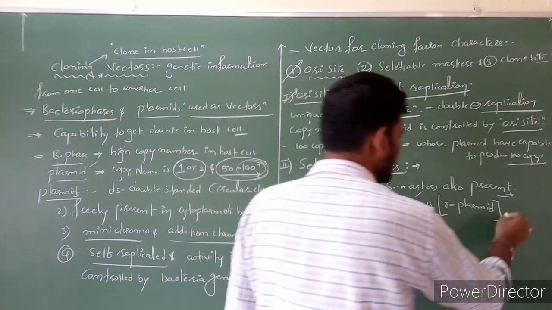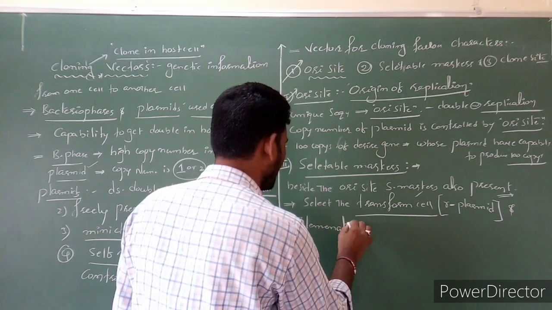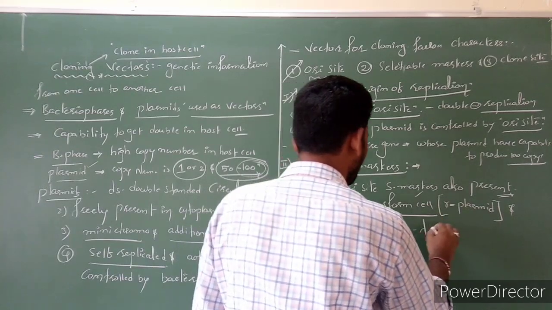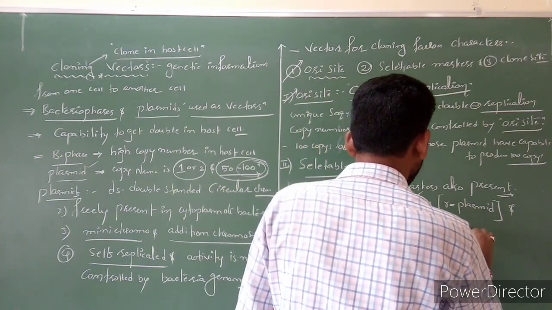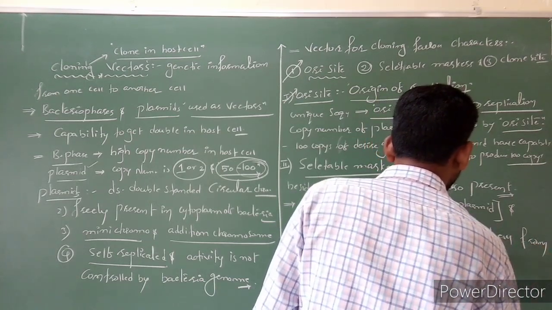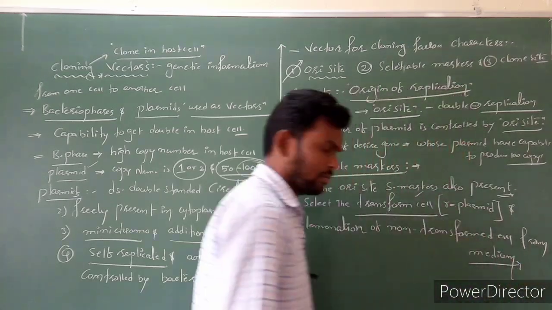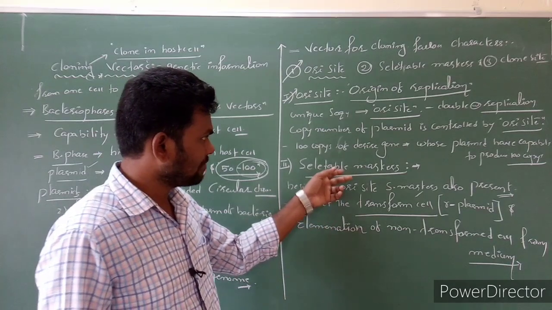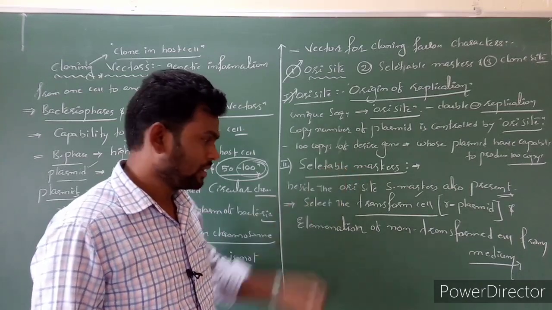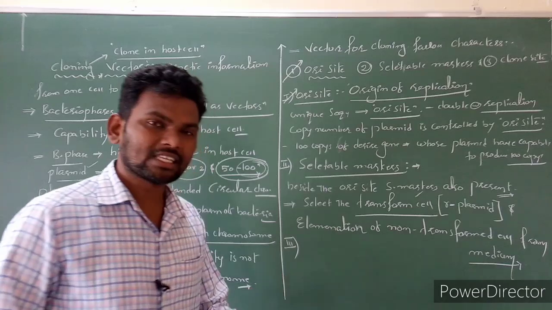Selection of transformed cells and also elimination of non-transformed cells from the medium, this is the work of selectable markers. Clear? Next, the third one is the cloning site.